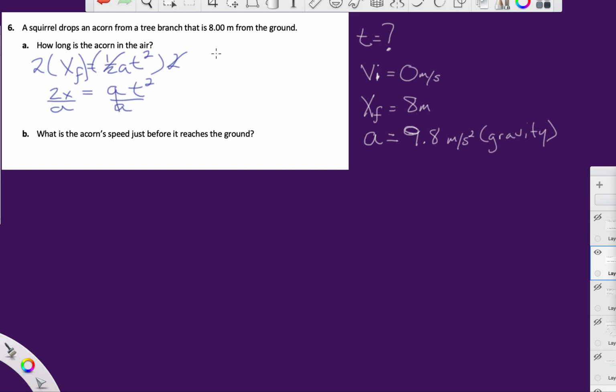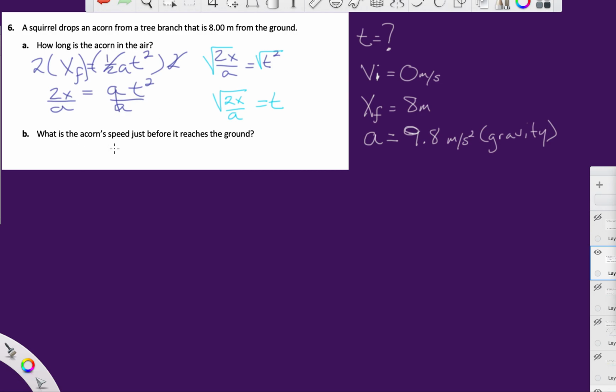I get 2x over a equals t squared. And how do I undo that square? I take the square root. So I leave this under the square root. The square root of 2 times the height divided by gravity is going to give me my time in free fall.